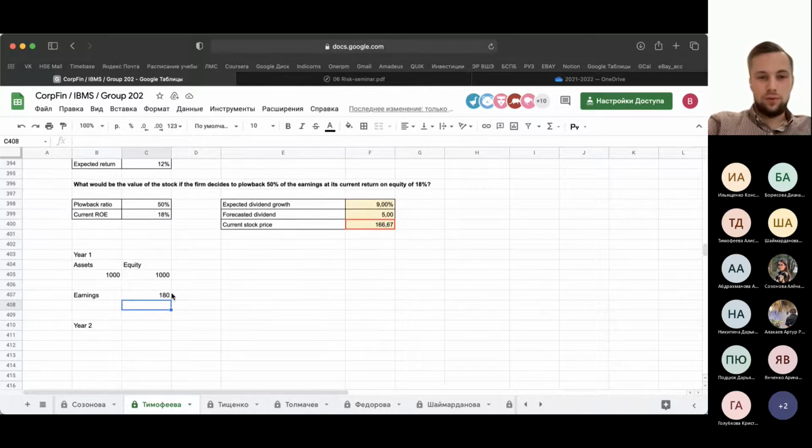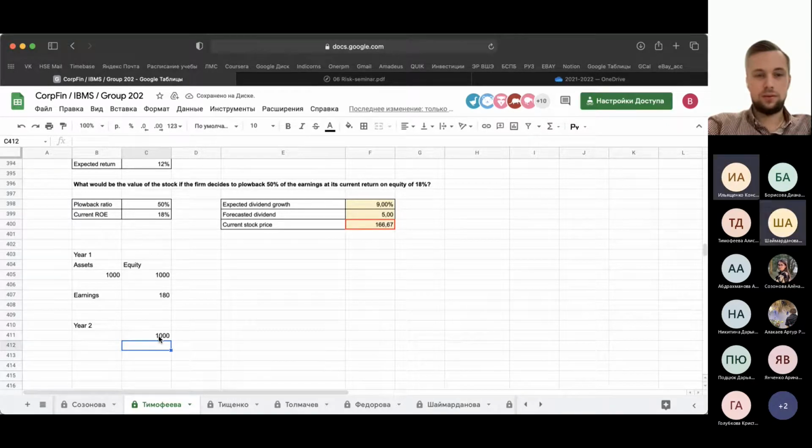And if, for example, all the earnings are paid as dividends, what are we going to have next year in equity? 1,000 minus 180? Maybe... no, I think just 1,000, because we have earnings and we pay them as dividends. And assets also 1,000, yes.